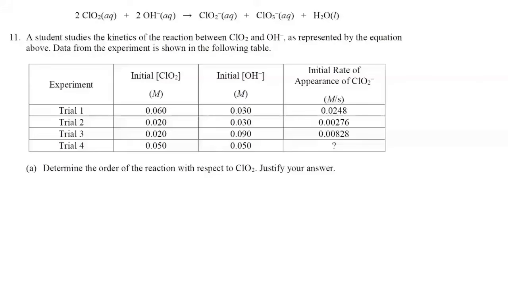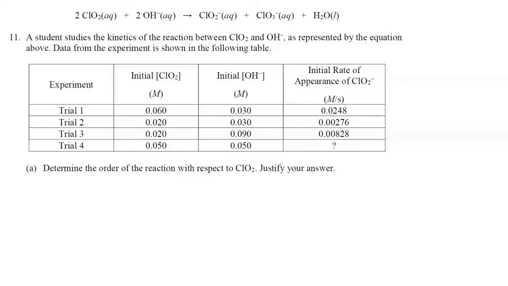Justify your answer. So what I'm going to do is look for two different trials in this table in which the initial concentration of ClO2 has changed, but the initial concentration of hydroxide remains constant. Then I'm going to take a look at how the rate was affected by changing the concentration of ClO2 only.